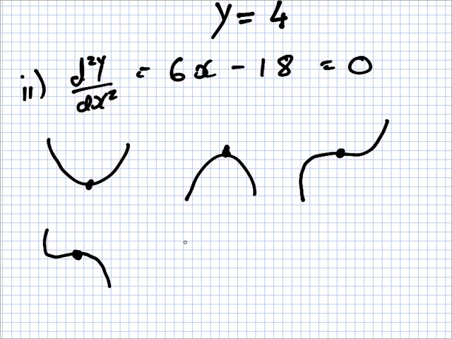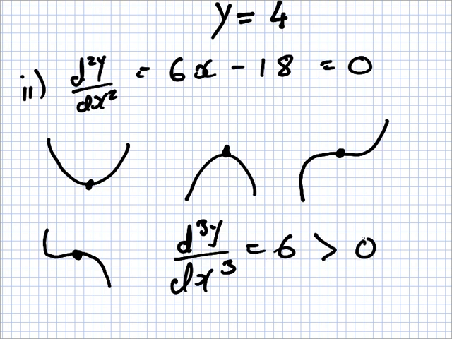If you differentiate a third time, you get 6, which is positive. Does anybody remember which situation that represents? First, second, third, or fourth? Third. Very good. A positive third derivative is a rising inflection point.